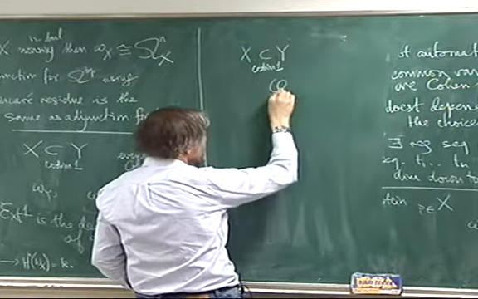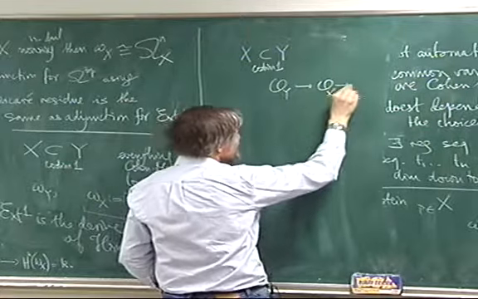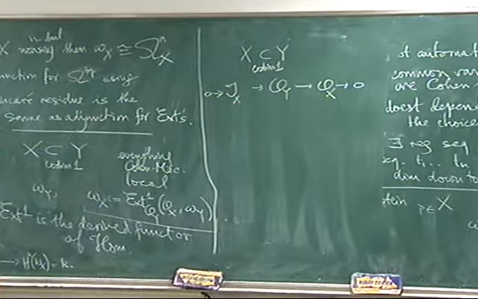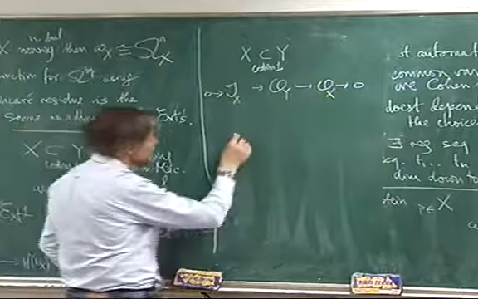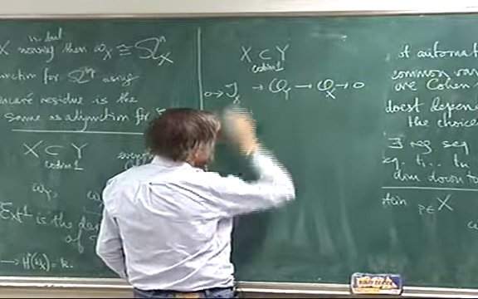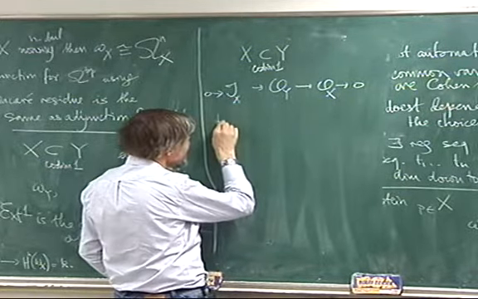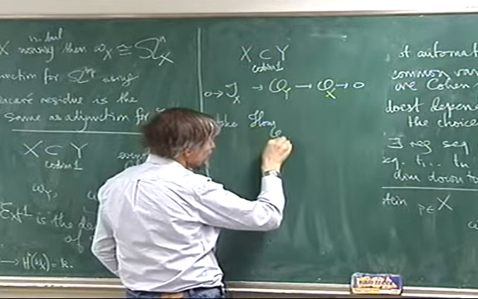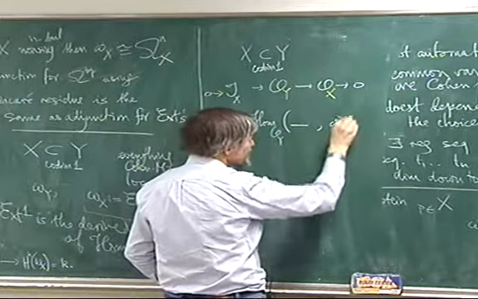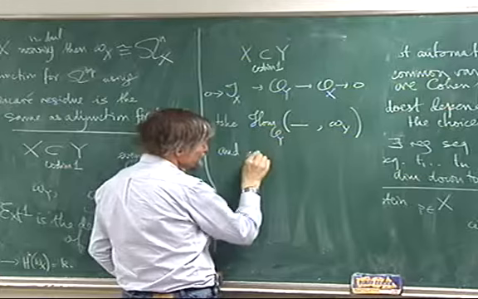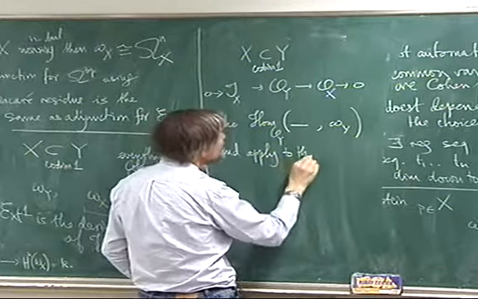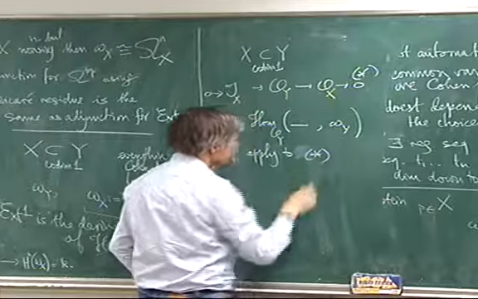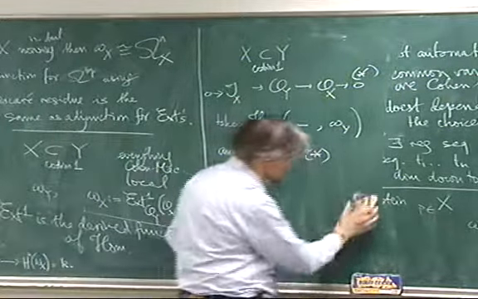Here's O_Y, here's O_X, and here is the ideal of X in Y. All of these are coherent sheaves on Y. I'm going to take Hom into omega Y and apply it to this exact sequence.